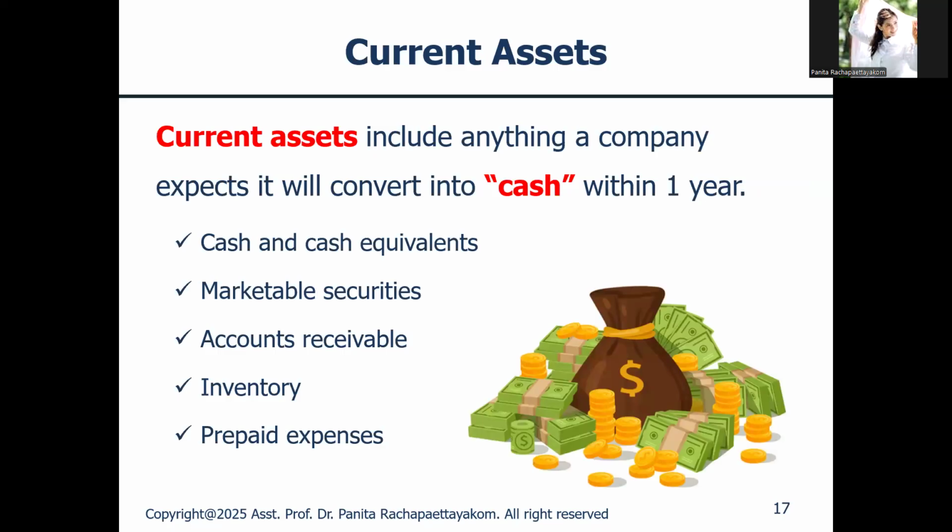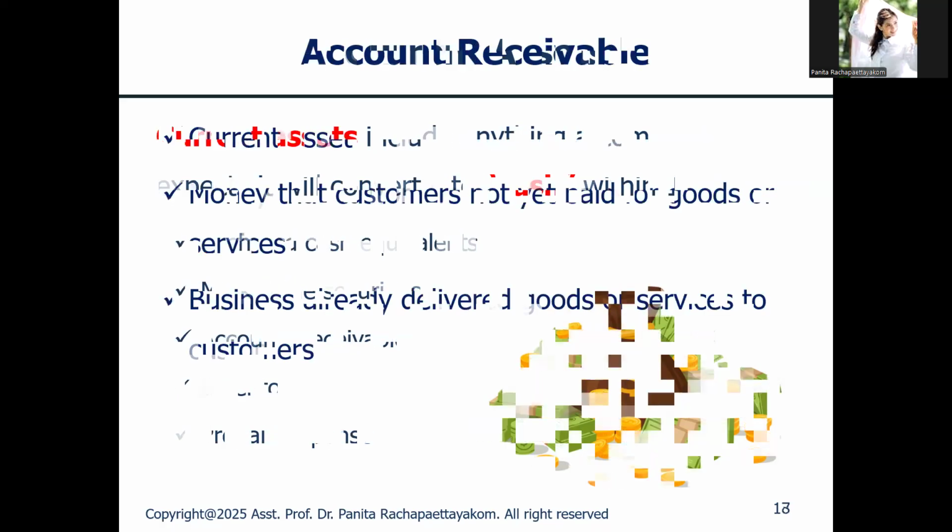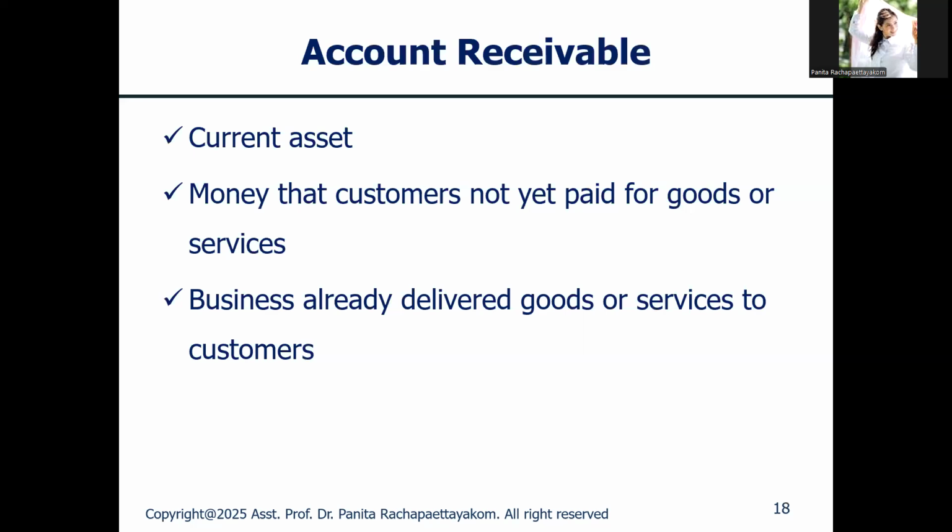In terms of current assets, there are cash and cash equivalents, marketable securities, account receivable, inventory, and prepaid expenses. I will give you the background of account receivable, which is categorized as a current asset. What is account receivable?